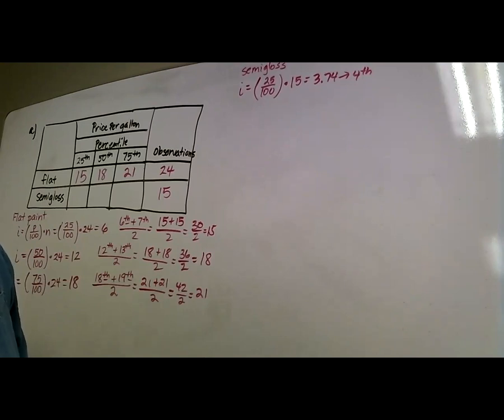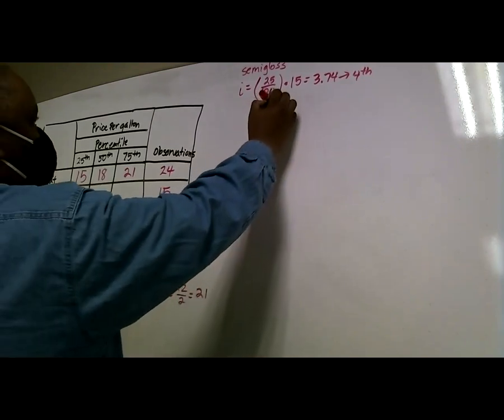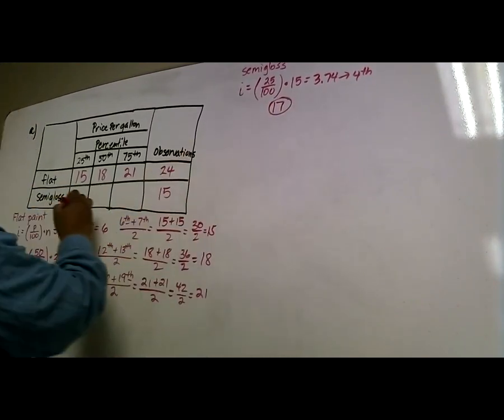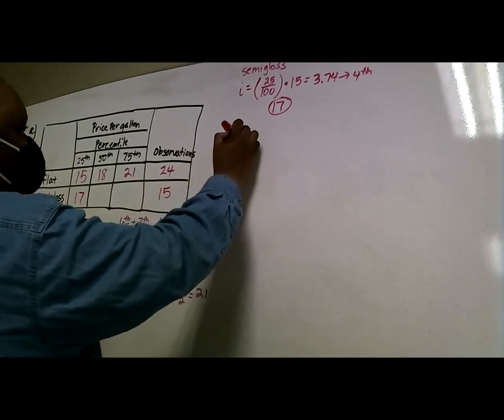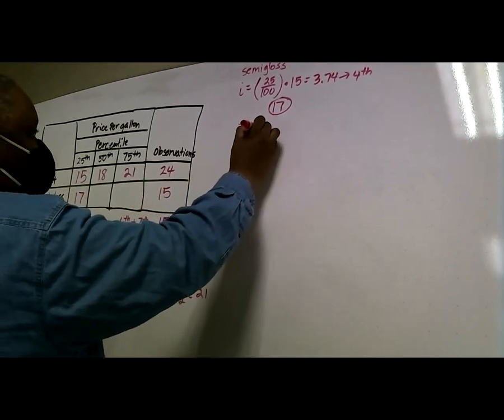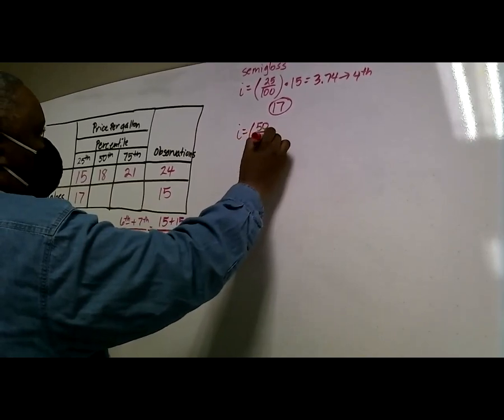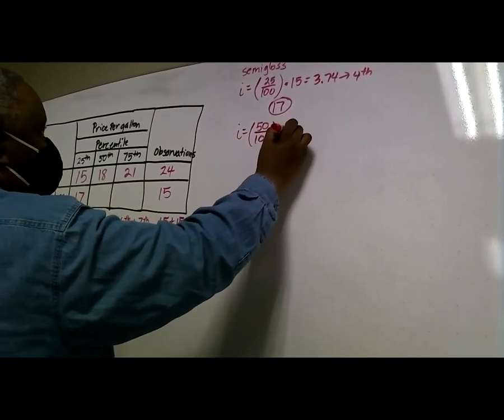So 17, because that's the 4th number in the data set. And then for the 50th percentile, it'd be I is equal to 50 over 100 times 15.